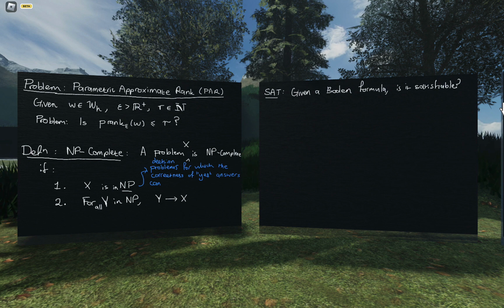So can you come up with some inputs that make this formula output true? Yes or no? Decision problem. NP complete. Proof. No, sorry, is NP proof. It's a lot trickier to prove that this is NP complete. I'm going to assume that later.